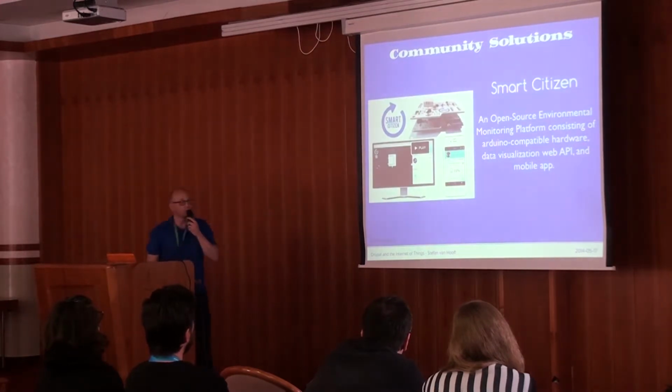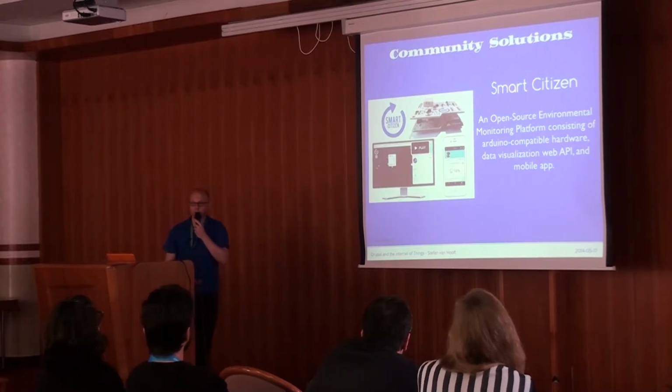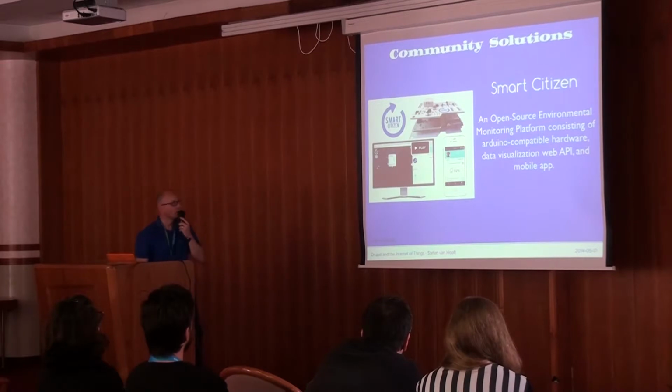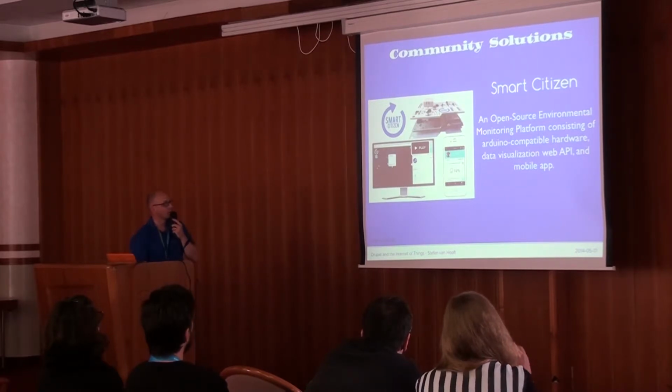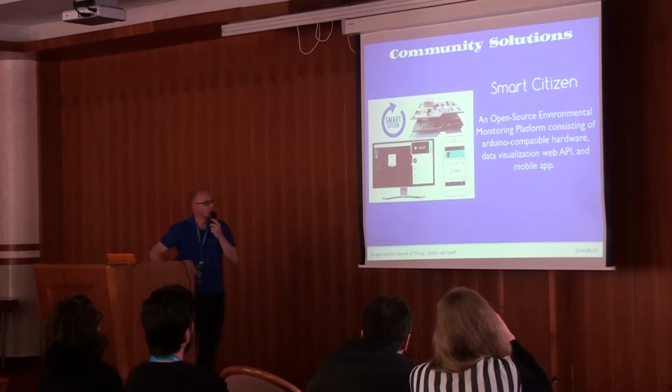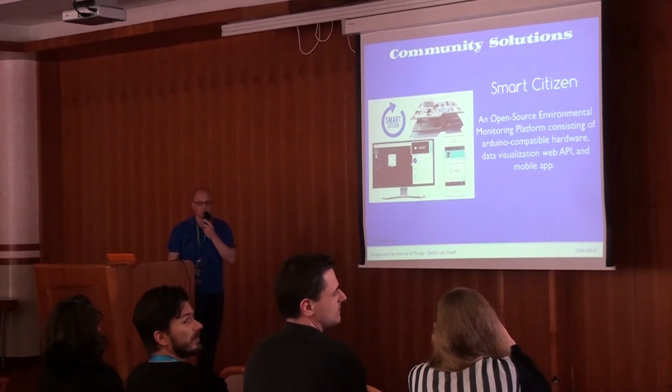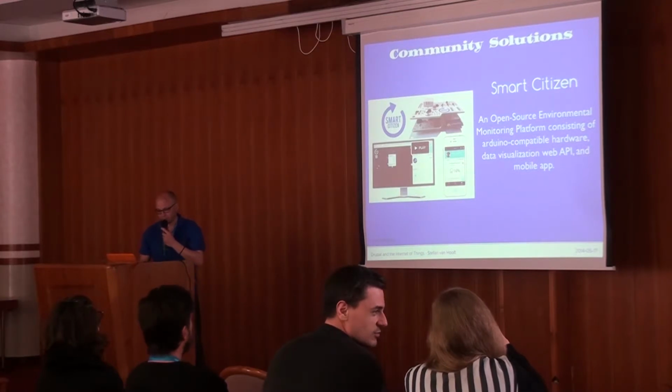Right, another of the community solutions is the Smart Citizen Kit. Has anybody heard of the Smart Citizen Kit by any chance? No? Okay, this is a similar thing, but it monitors many other things compared to the Fluxo. It does temperature and all sorts.